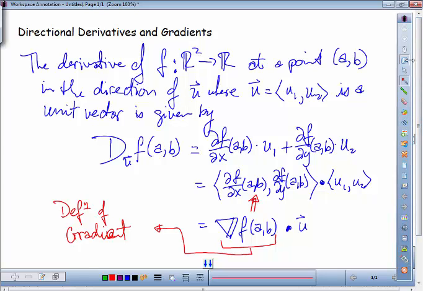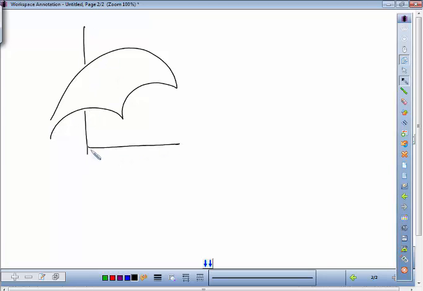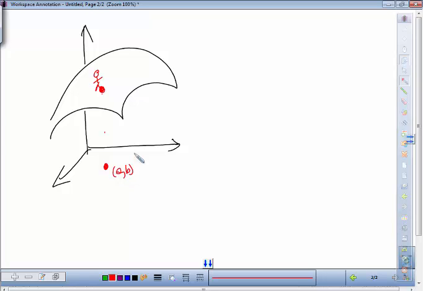So let's go to my favorite surface, and somebody standing on my favorite surface. And what we could do is we can look at this plane here. Let's do this in purple.